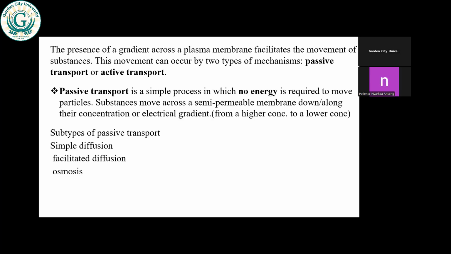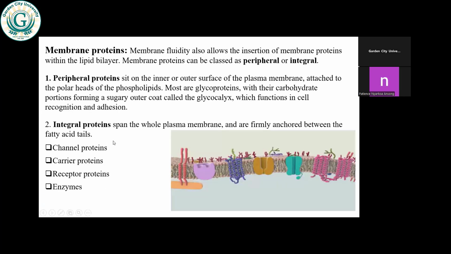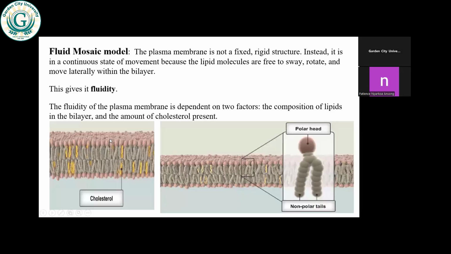We have subtypes of passive transport. You can talk of simple diffusion. Simple diffusion is simple, as I explained earlier. If a particular molecule is very small, such that it can pass in between the pores or in between the phospholipid layers, then that is simple diffusion.